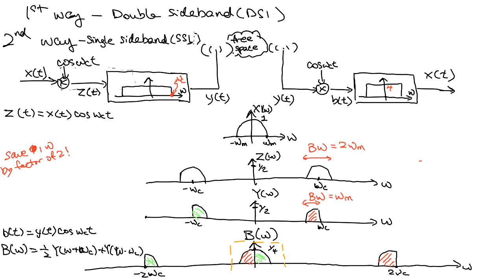I want to make sure we get this technical part correct. The difference is that by doing single sideband, we can save the signal bandwidth by a factor of 2.